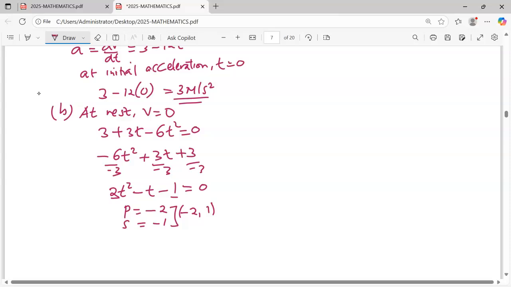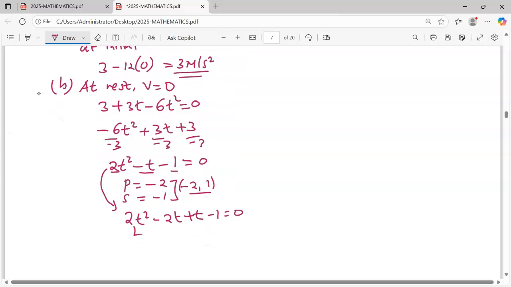After we have done that, we rewrite the quadratic equation. We have 2t^2, and instead of the linear term, we use the two factors, that is -2t + t, and of course -1 equals 0. We now factorize in pairs between 2t^2 and -2t: 2t is common, giving 2t(t - 1).